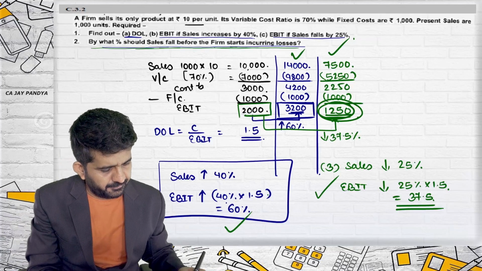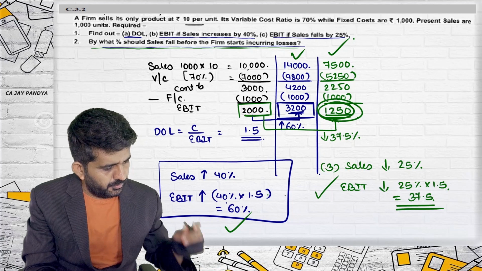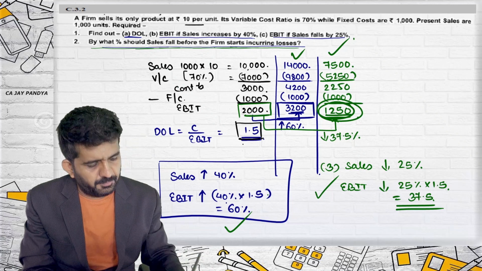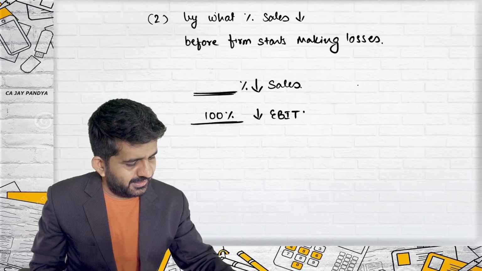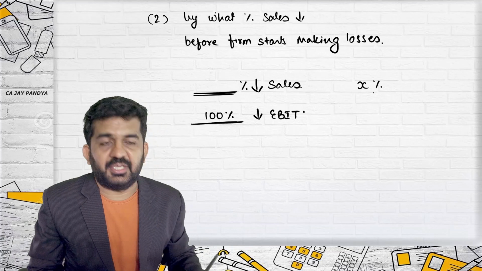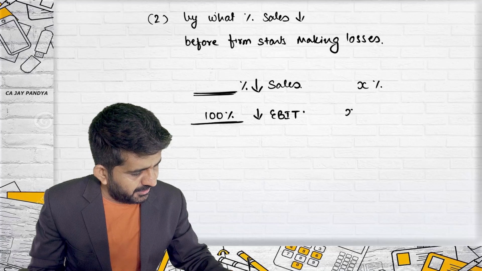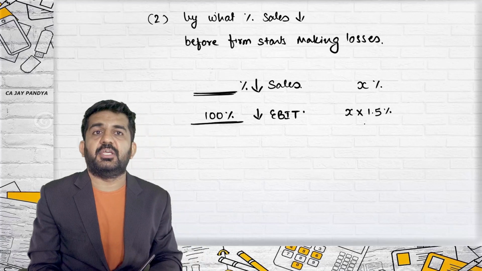Please concentrate. What is DOL? 1.5. If sales decreases by X percentage, EBIT will decrease by X into 1.5 percentage.